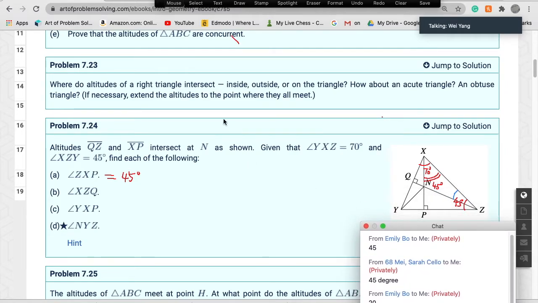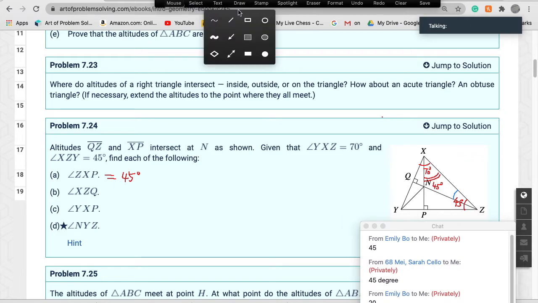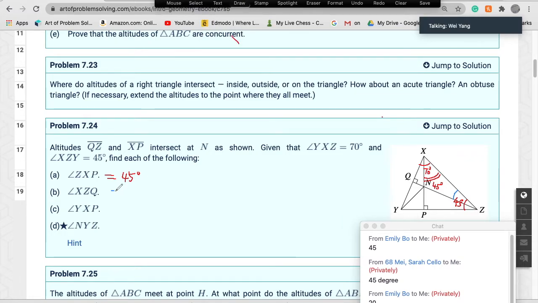That's 20 degrees. Because this is a right triangle and this angle equals 70 degrees, therefore this angle equals 20 degrees.